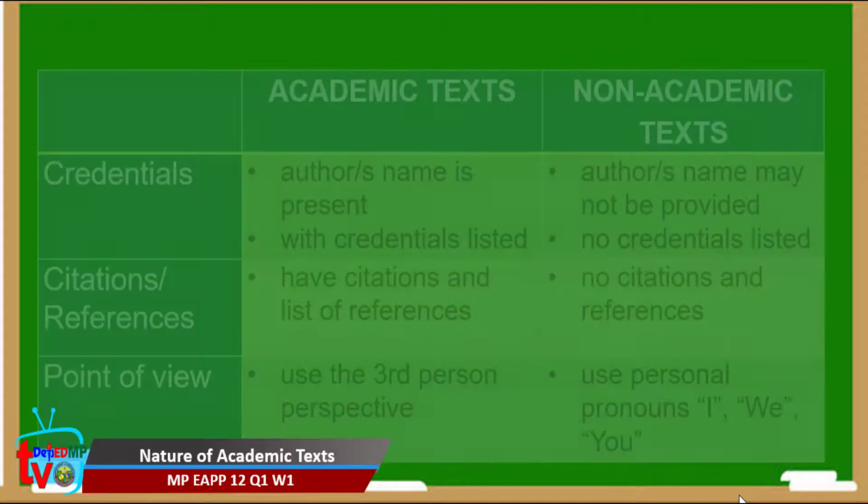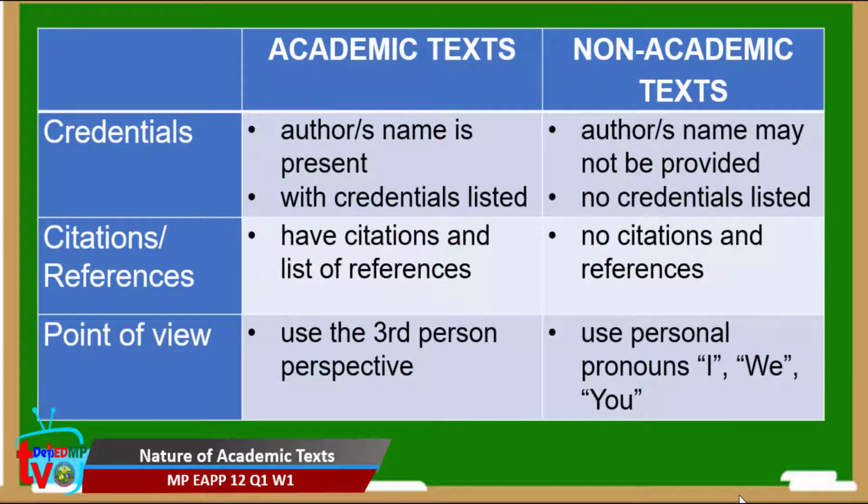In academic texts, the author's name is present along with their credentials. In non-academic texts, the author's name may not be provided and will not have credentials listed. Sometimes, the author writes anonymously, so there are no credentials provided.